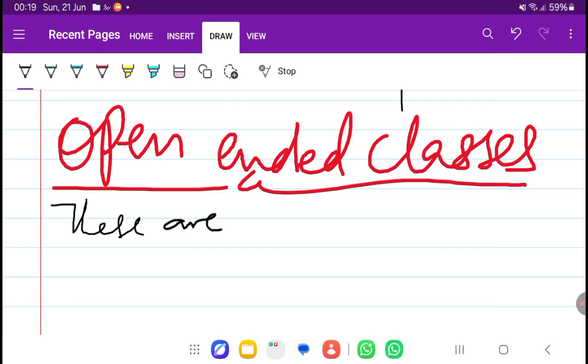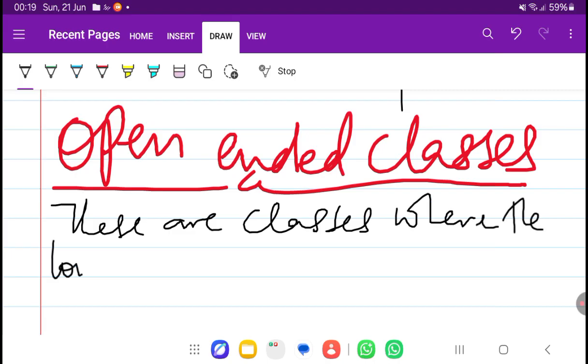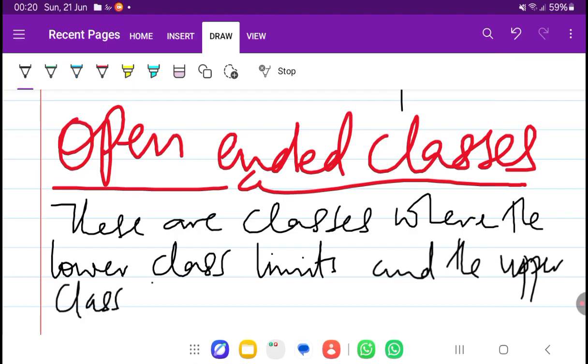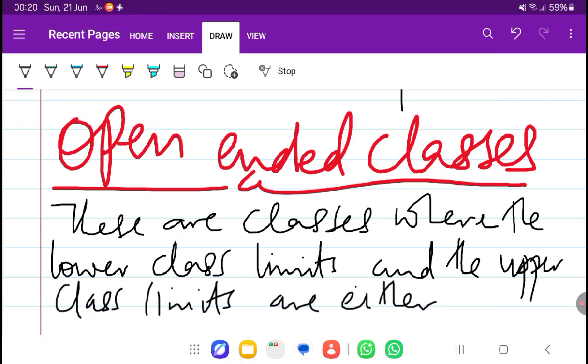These are classes where the lower class limits and the upper class limits are either not known.